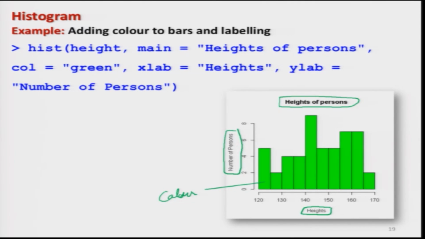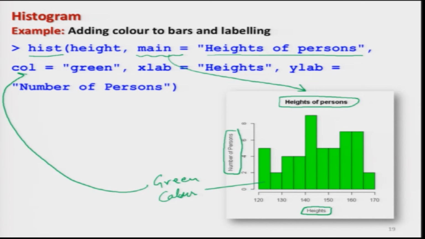In order to get a graph like this one, I simply have to add the parameters inside the hist command. I am using main equal to "heights of persons". That is going to give me the title of the graph. Similarly, this green color is controlled by the command col.